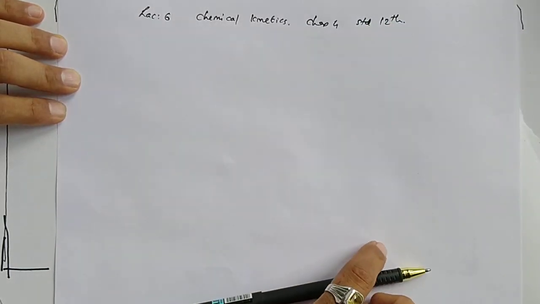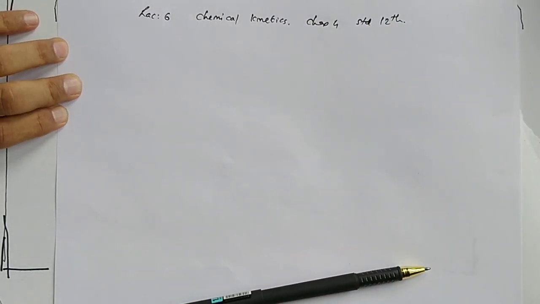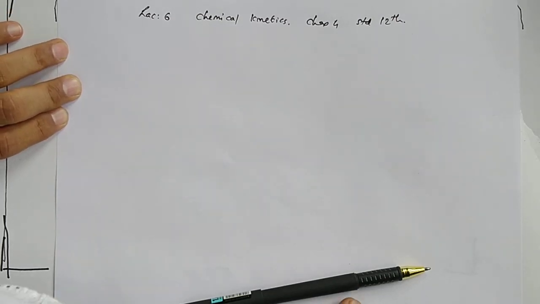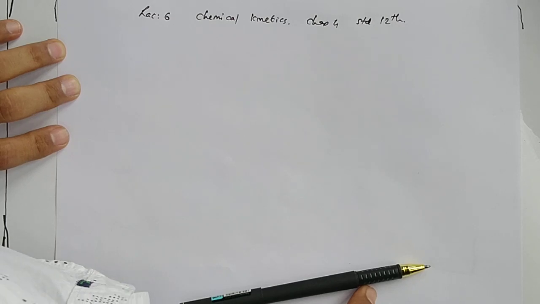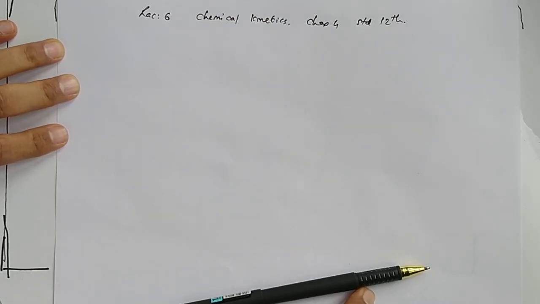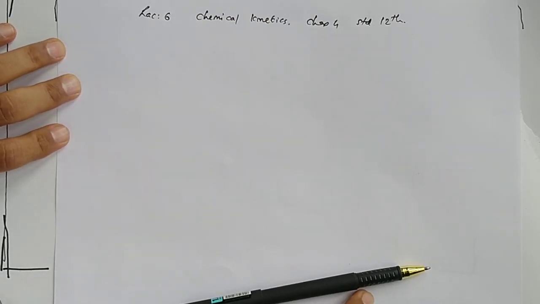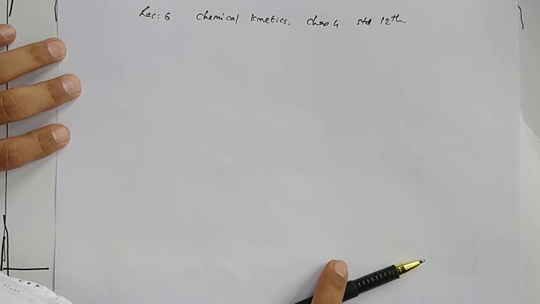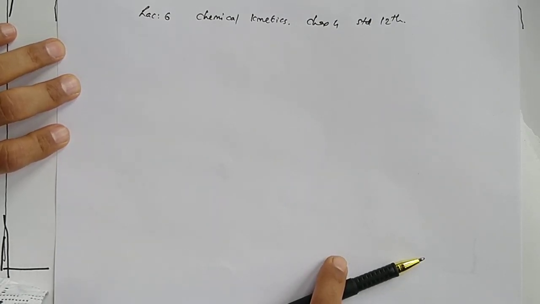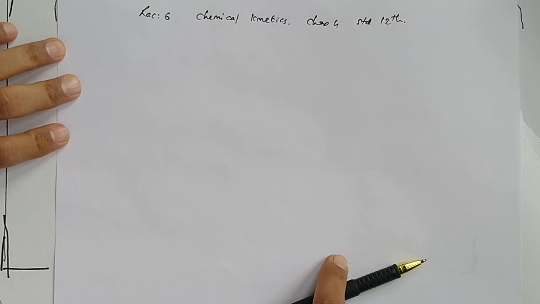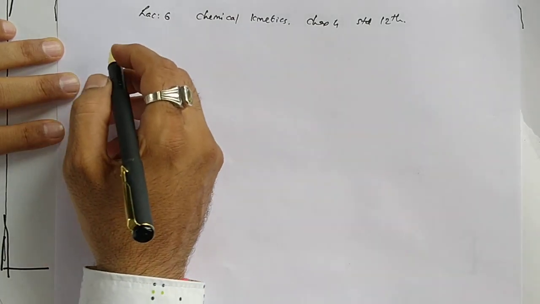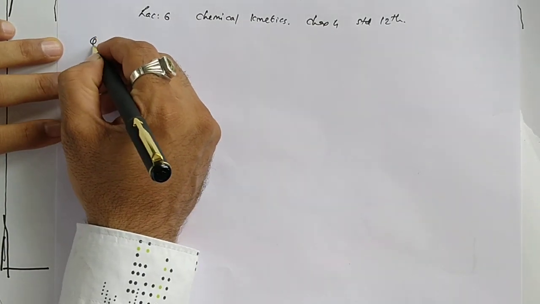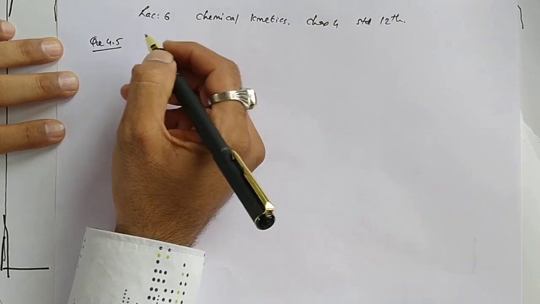In the last lecture we discussed the rate equation, now integrated rate equation, and the derived value of K for zero order reaction and for first order reaction. Clear? And some graph plots were also discussed. Here we are in our question number 4.5.